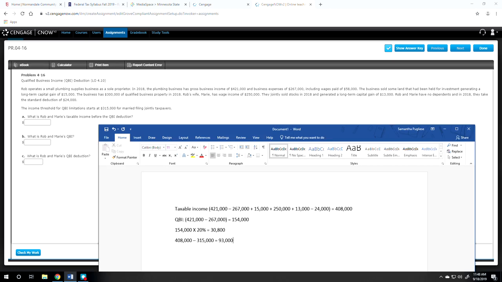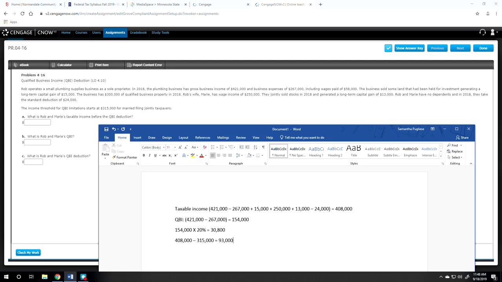Go to page 4-36 for the wage limitation, and then go down to, well, definitely read all of it, but I'm going to specifically reference when you get down to about halfway, kind of like the beginning of the third paragraph.